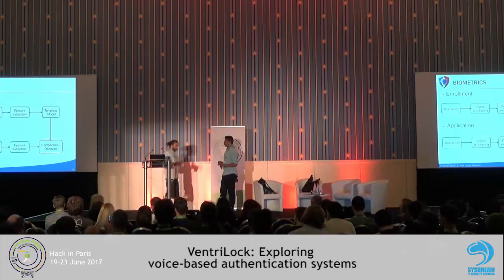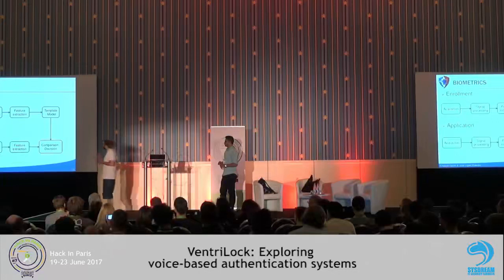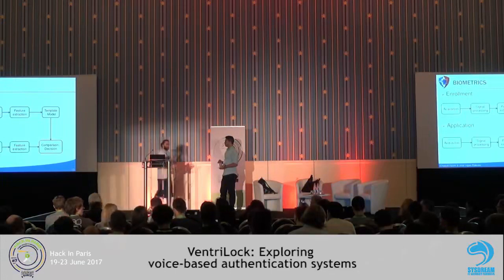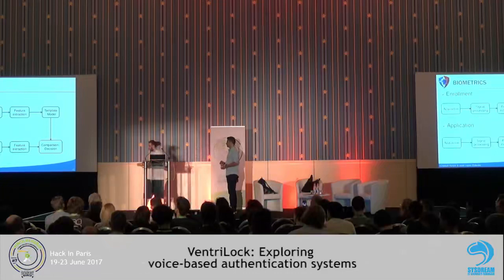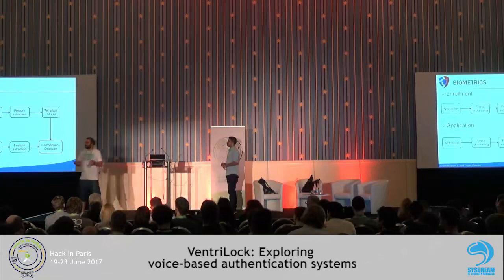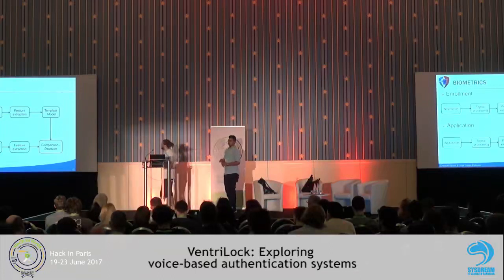Then there is some signal processing, and an important step is the feature extraction. This step reduces the amount of information that is acquired in the acquisition phase in order to only focus on information that we think is relevant for performing the identification or the authentication. And then there is a model creation or a template creation.